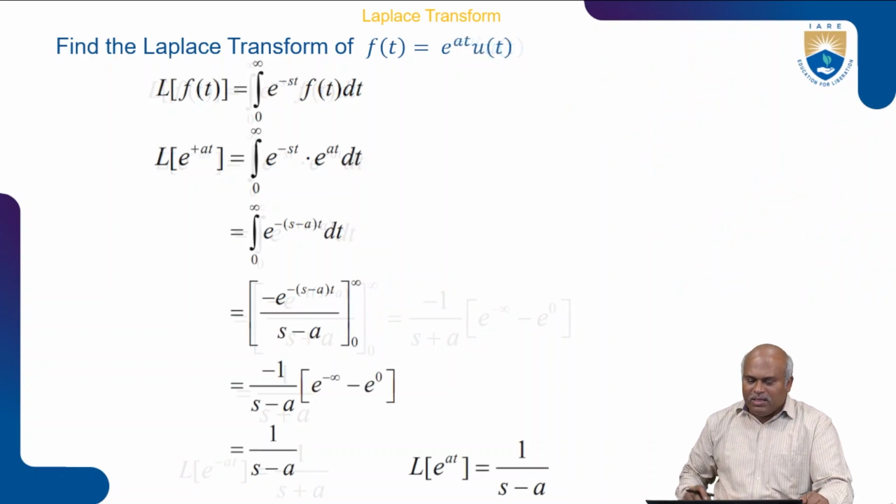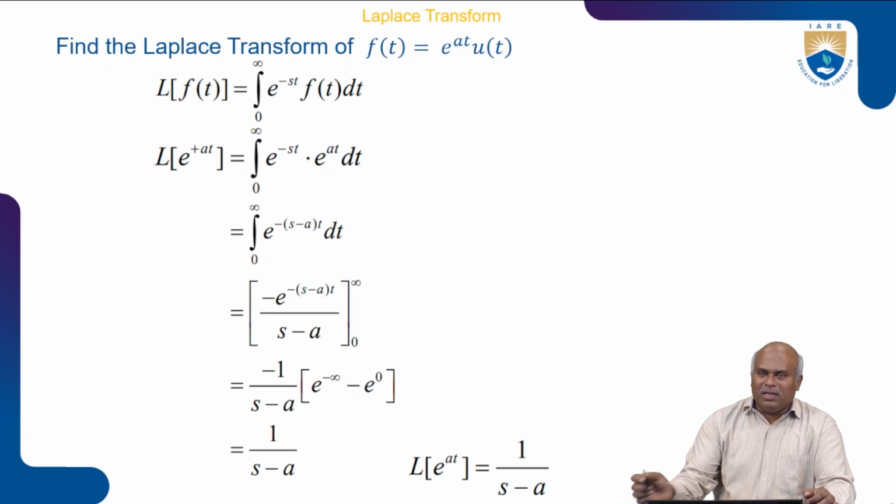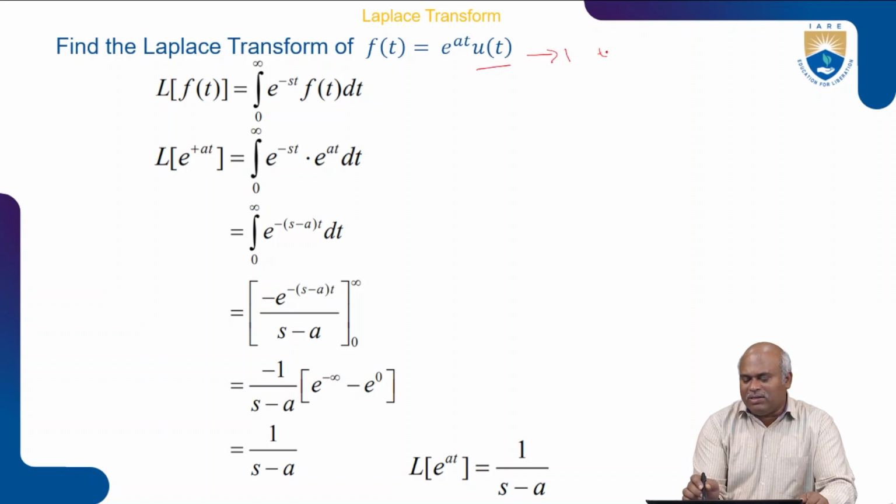Next example: find the Laplace transform of e power plus at u of t. As usual, u of t is going to be represented as 1 for t from 0 to infinity, and 0 for t from 0 to minus infinity.